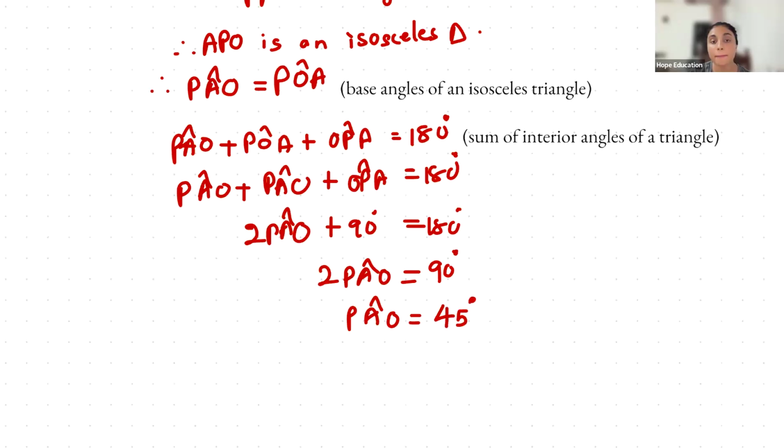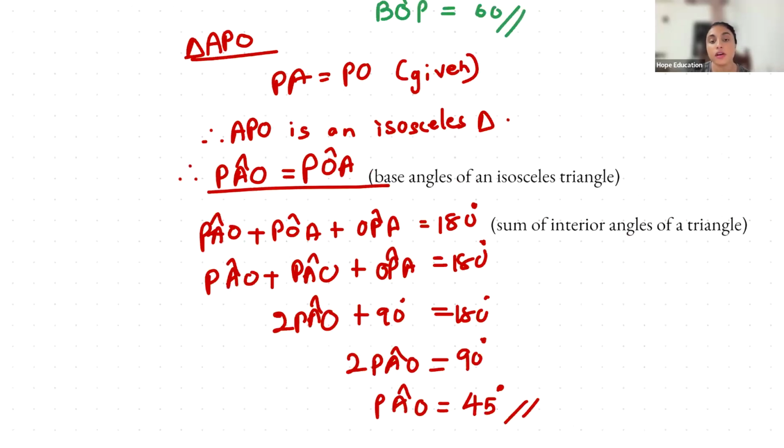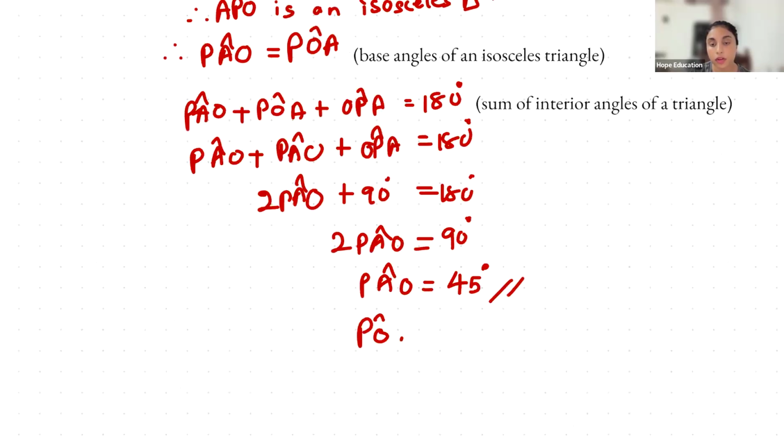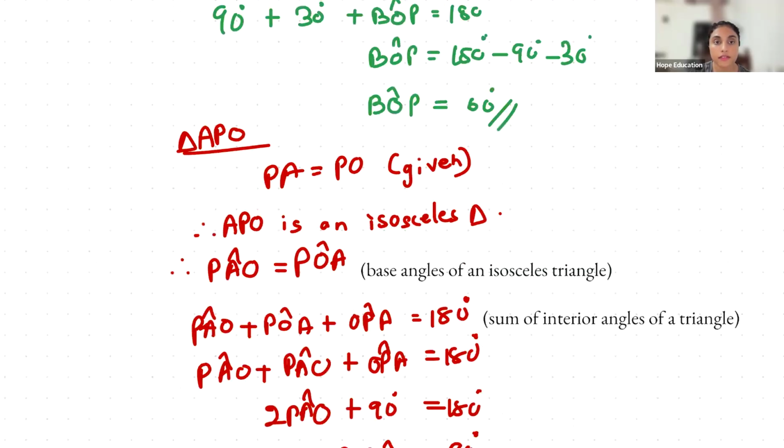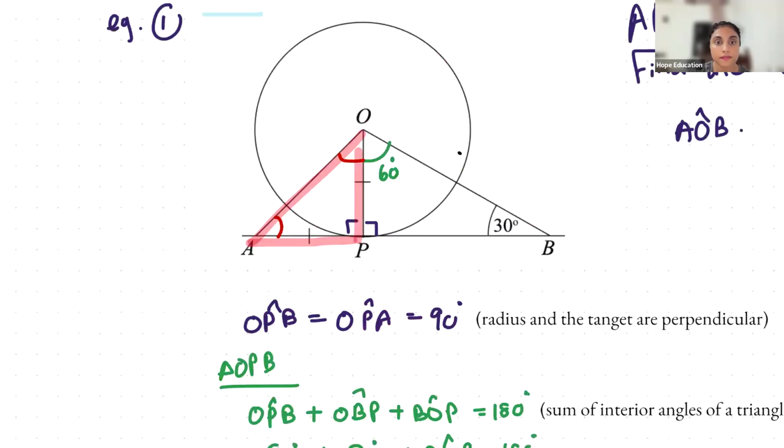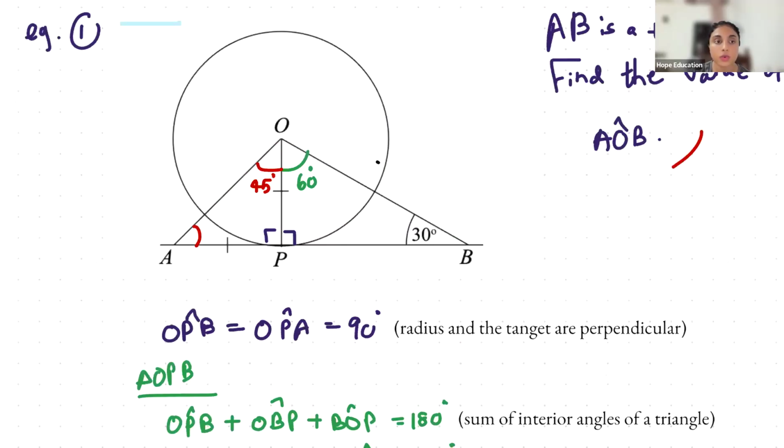Now PAO and POA are equal. Therefore, POA will also be equal to 45 degrees. So this is 45 and this is 45. We are asked for the value of AOB, which means this entire angle.